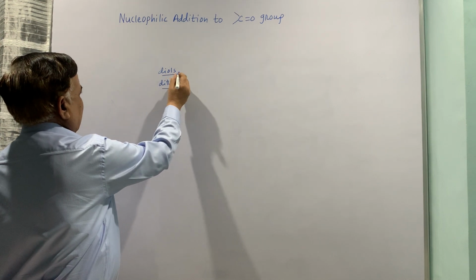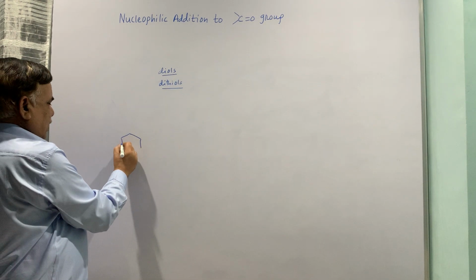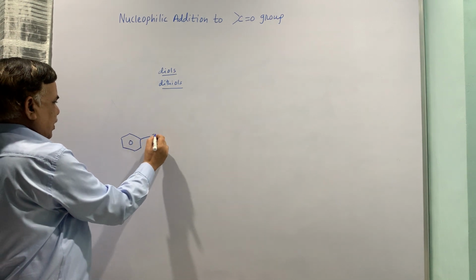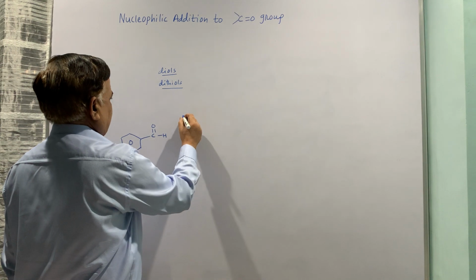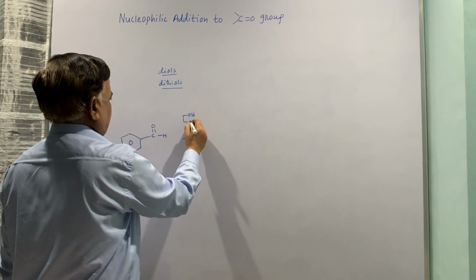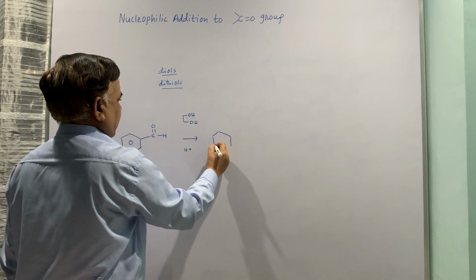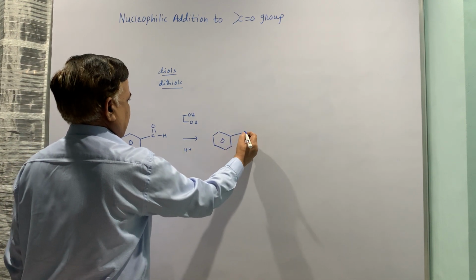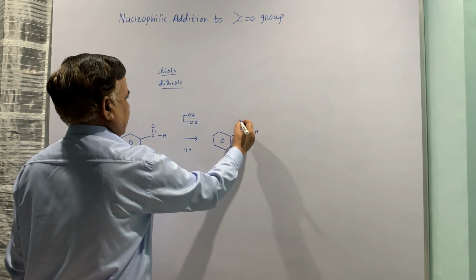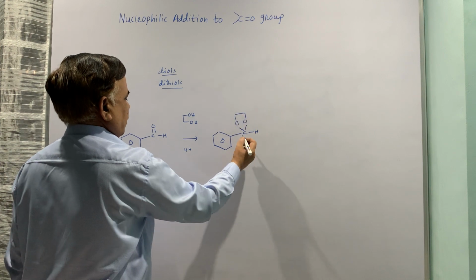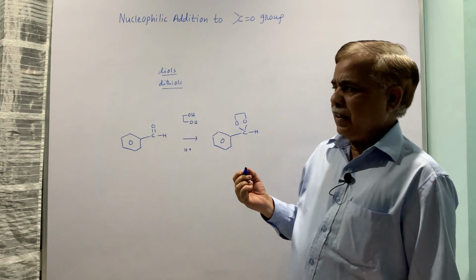Now these are important because if we start with some aldehyde, let us say we are starting with benzaldehyde and we are having ethylene glycol, of course with some acidic assistance you can get, now this is acetal.